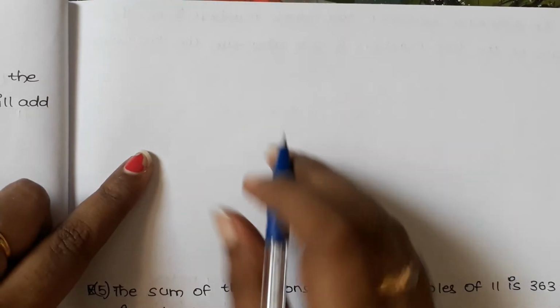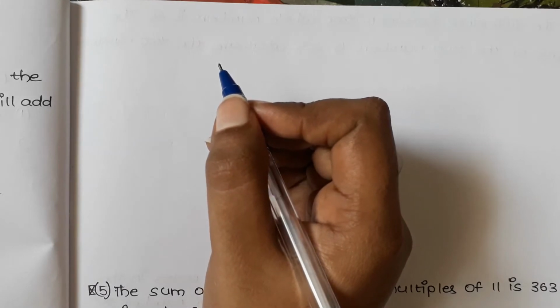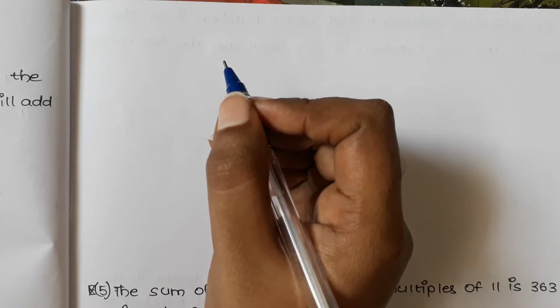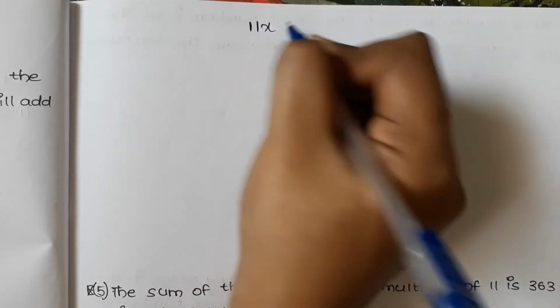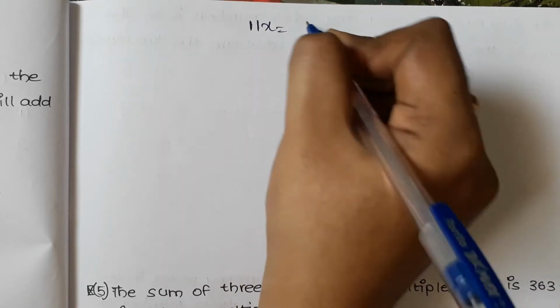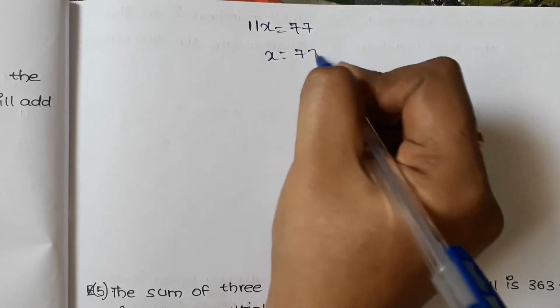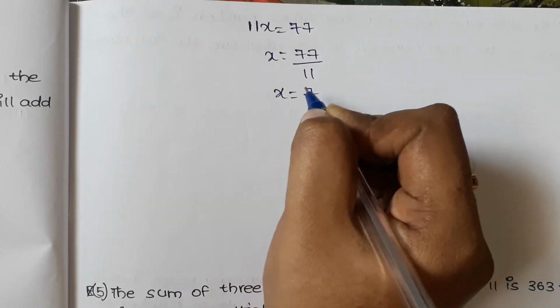Here they have already given that the sum of all the coins, that is both 2 rupee coins and 5 rupee coins, is 77. Now here the total is 11x, that equals 77, and x equals 77 by 11, that is x equals 7.